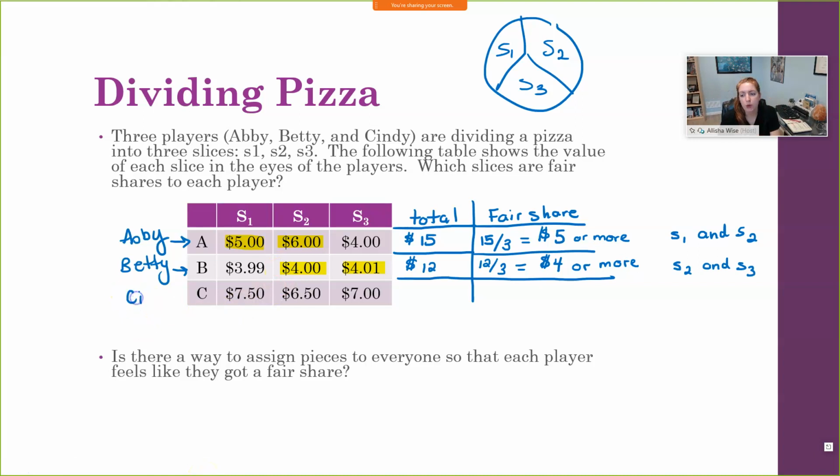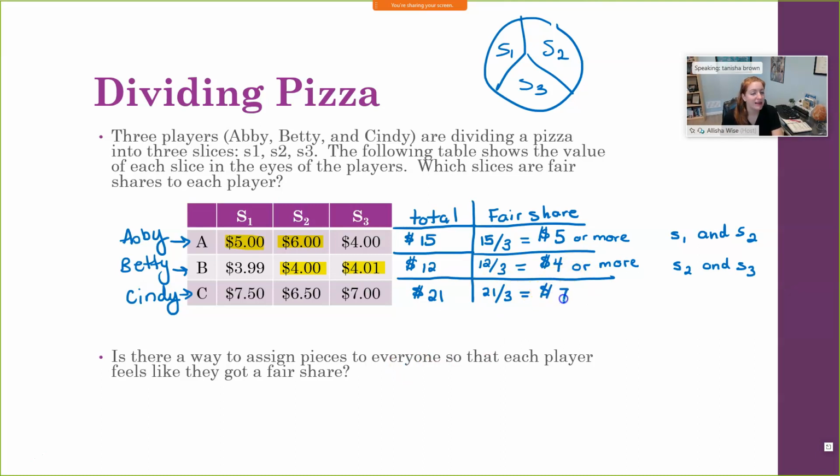How about Cindy? Okay, we need to calculate. Notice each player has a different fair share amount depending on what they used as their numbers. So let's do the same thing. We're going to add that together. Did anybody add that together? 21. 21? That's what I got. That's correct. Okay.